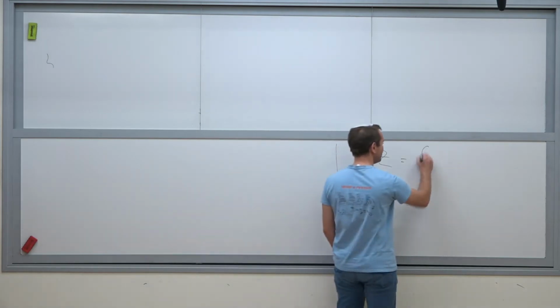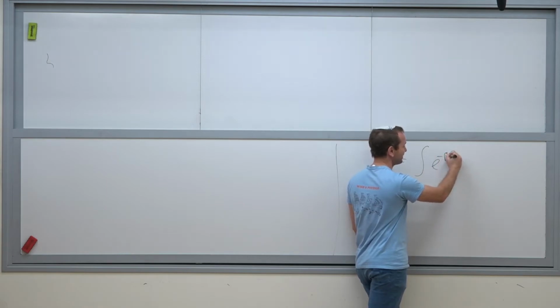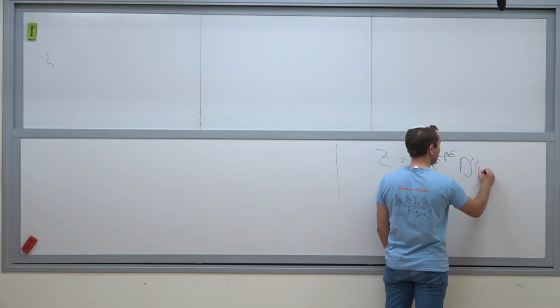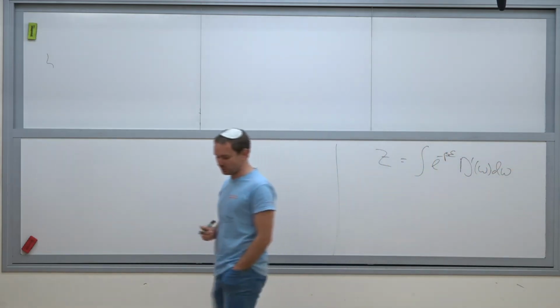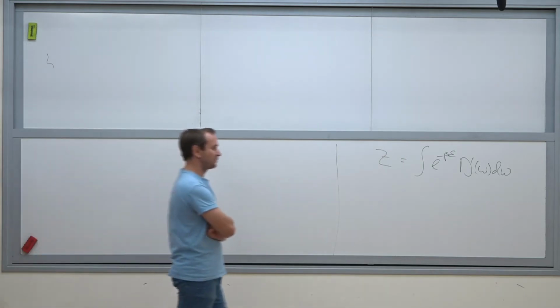So it basically was an integration of e to the minus beta of the energy multiplied by the density of states for this energy, where we use the frequency in order to describe the density function.